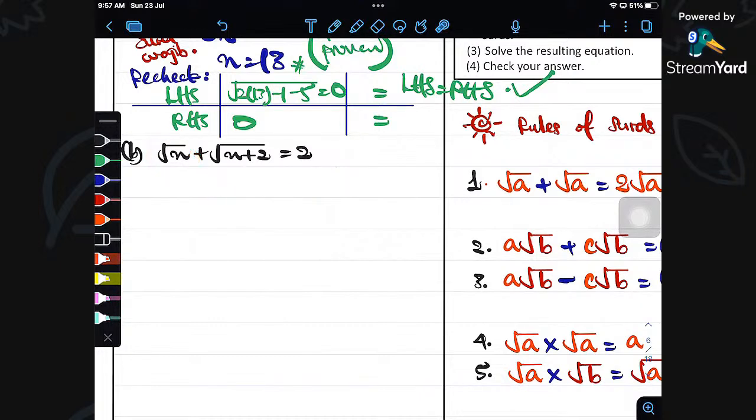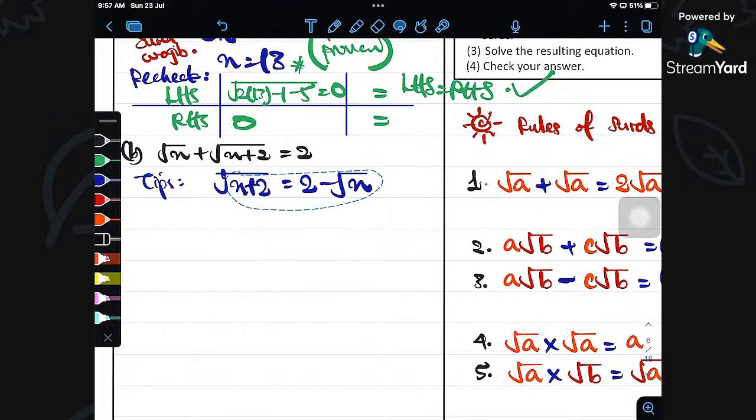You pindahkan, dia akan jadi lebih senang untuk diselesaikan. Ini tips ya. Tips ni pakailah, memudahkan you all juga. Therefore, bring another surd to the right hand side part. Bring it to the right. Salah satu. Tak kisah, yang ini pun boleh juga. You try and you will get the same answer.